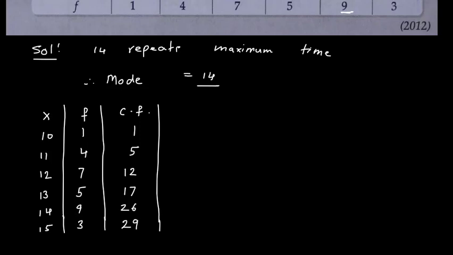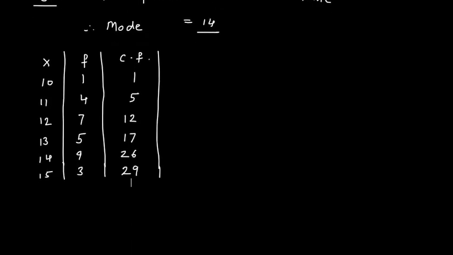Okay, just check whether we are getting this total as 29. Cumulative frequency is 29. So n is 29, which is an odd number.